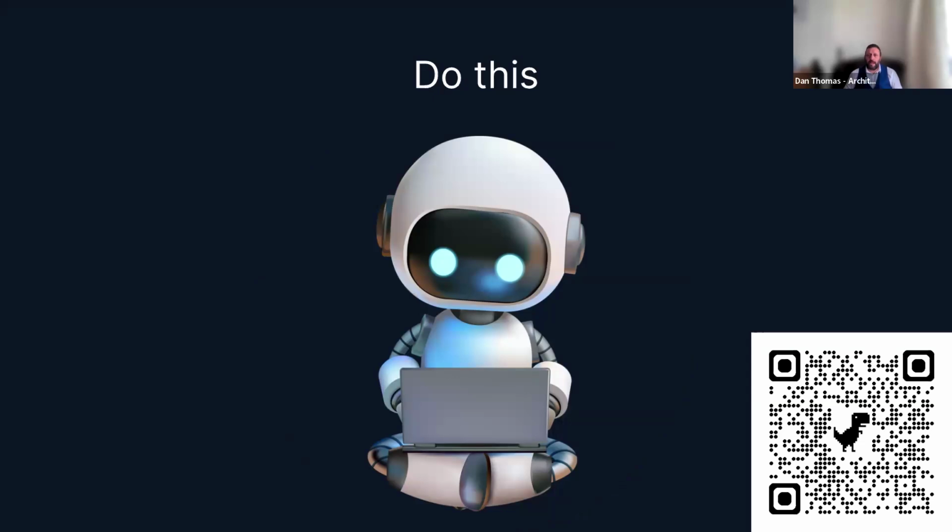Finally, quite simply, we have the do this part. This is the precise instruction, the thing you actually want the tool to go and do. So everything up till this point might become part of your standard prompt, and then this becomes a more flexible aspect.